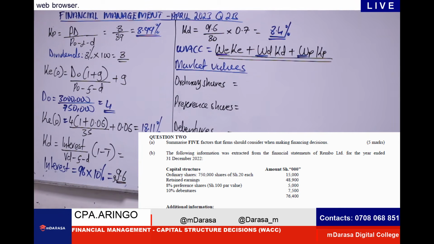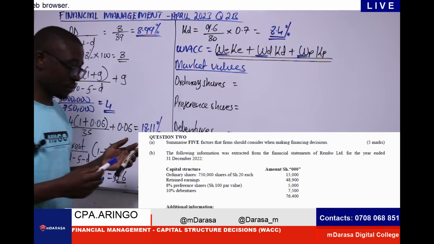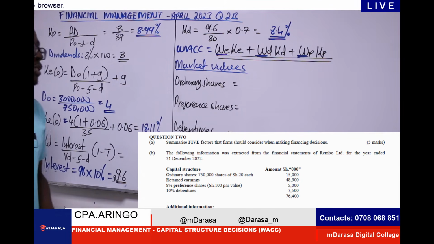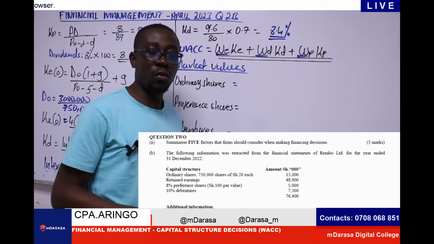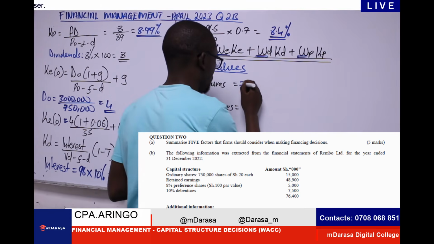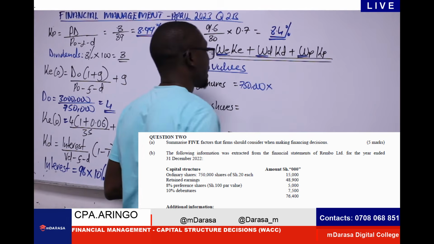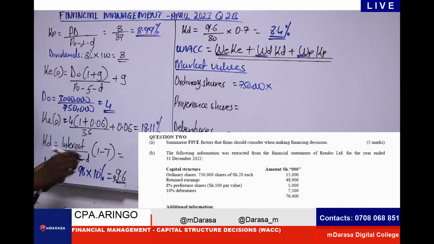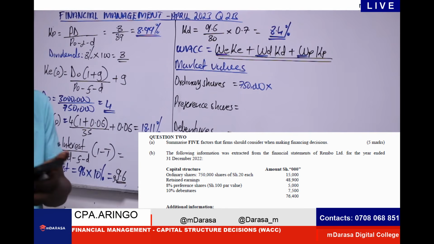Remember, we talked about the component of valuation earlier on. So we start with the ordinary shares. You can see, my good students, that we want to look at how many ordinary shares we had. We had 750,000 as per what the examiner had given us. Currently, these shares are going at how much in the market?